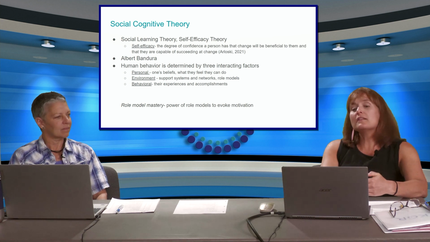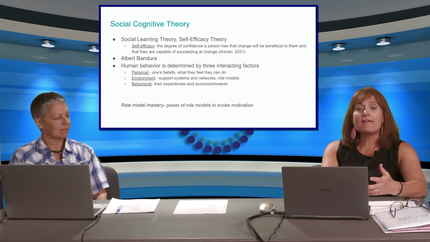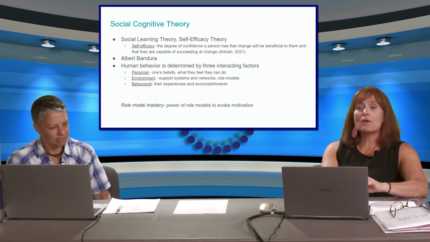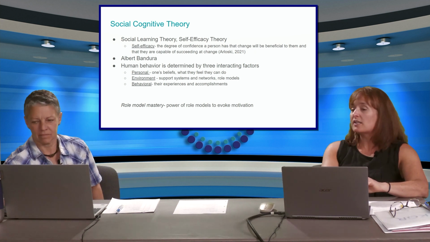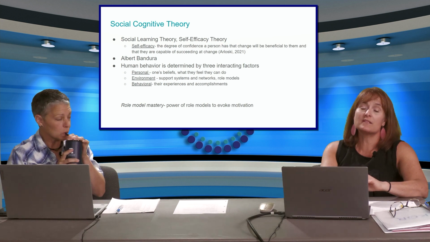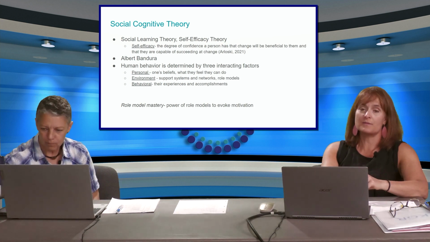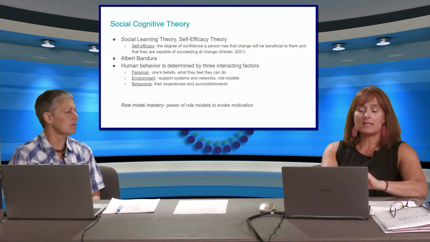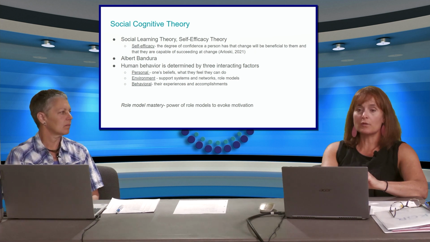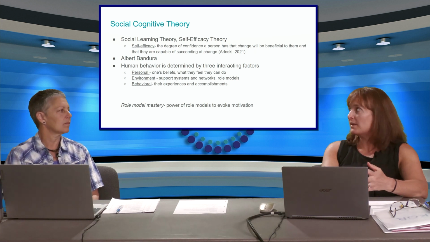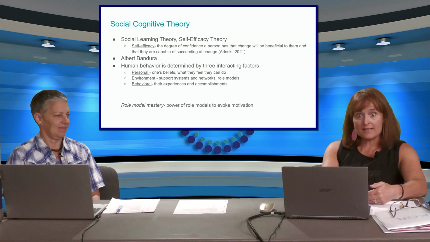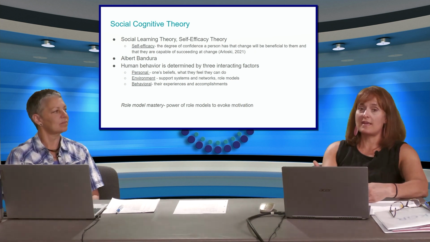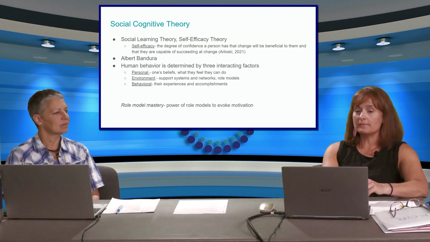The social cognitive theory really appreciates the power of role models, and we know that when we have certain role models, we do tend to mimic what they're doing. So we can use that to our advantage. What support systems do you have? Who are your role models? Because if we have that certain person that we aspire to be, it will motivate us and help us move in the direction that we want to go.